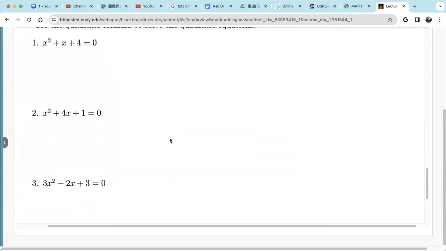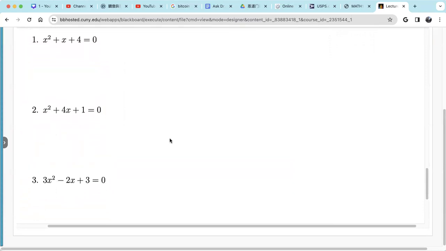Now we have number 4 here. Let's use the quadratic formula, and also let's try if it's factorable, we can factor. So the first one is a equals 1, b equals 1, c equals 4.